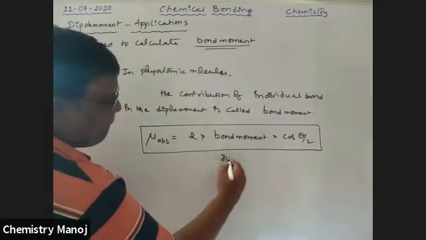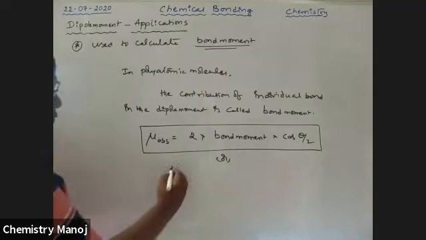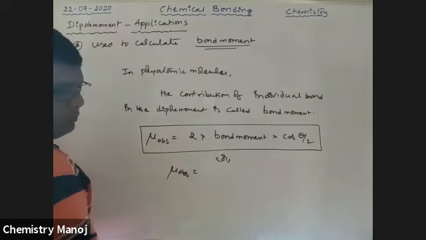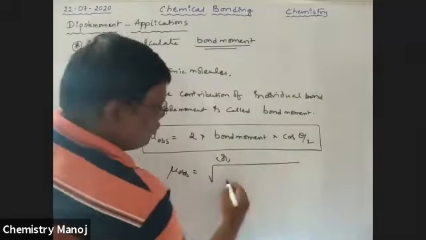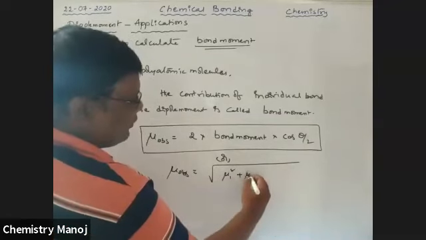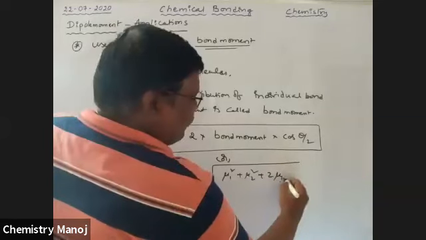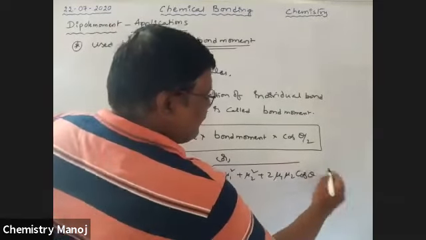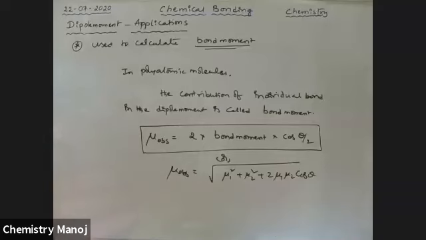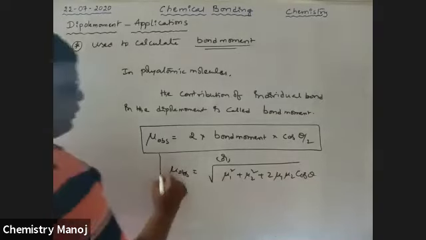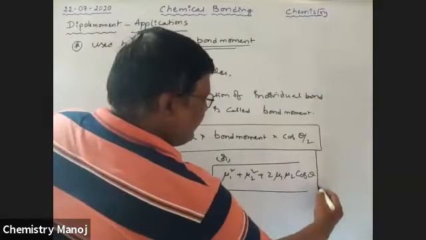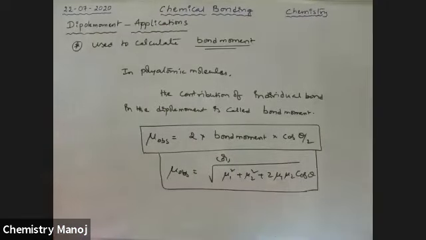Or mu observed is equal to under root mu1 square plus mu2 square plus 2 mu1 mu2 cos theta. It is another formula used to calculate bond moment.